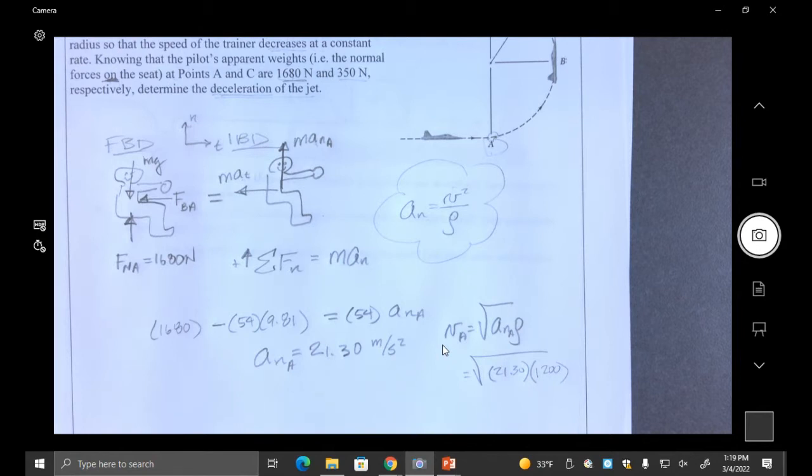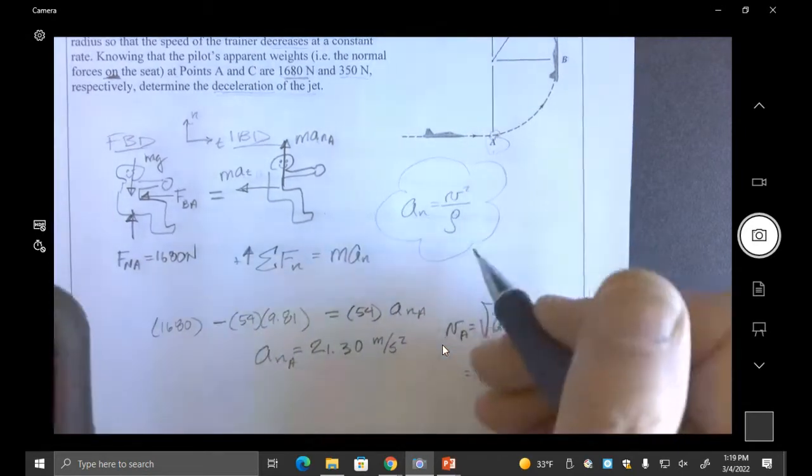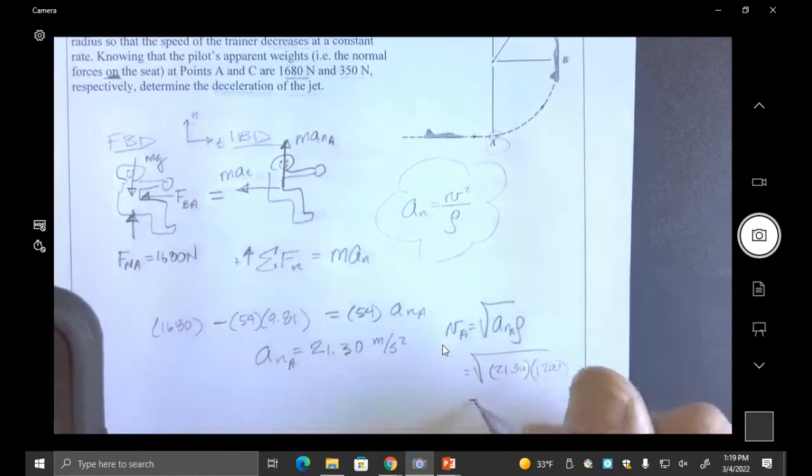Gotcha. Oh, I see. She looked at this squared. Okay, that's why. I don't know why she does that kind of thing. 1200, yeah, and then take the square root. She skipped a step. That's why.